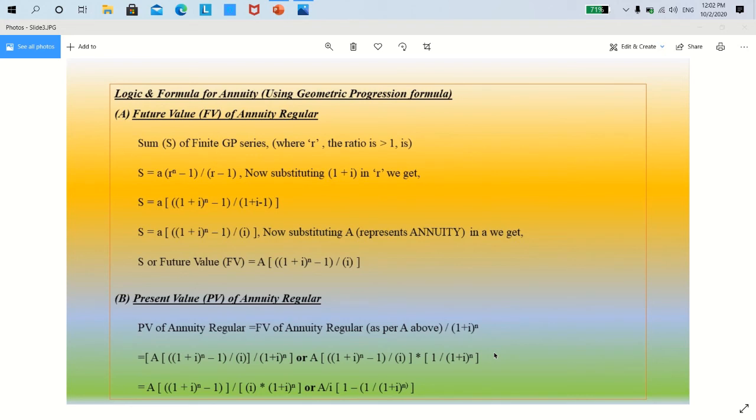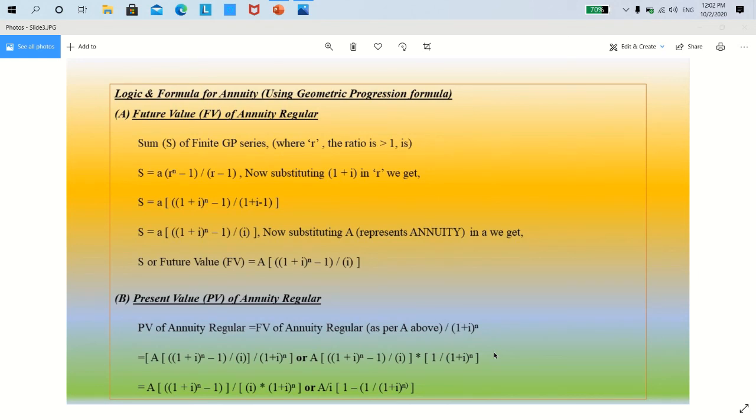Now, if we have to calculate the present value of annuity regular, it means that I am asking Mr. Y to pay me one single amount, not at the end of the 5th year, which would be future value, but at the start of the period or the contract date itself.